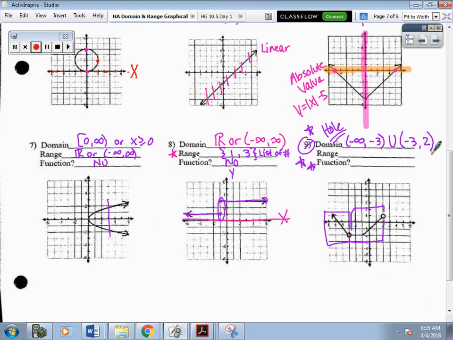The range is a little bit easier. We don't have to do it in pieces. Now the smallest that the y-axis ever touches is at negative 2. Now, some students will argue with me and tell me that I should have a parenthesis because there's an open circle. But do you see how there are a solid line with solid dots at negative 2? So the closed circle will trump an open circle.